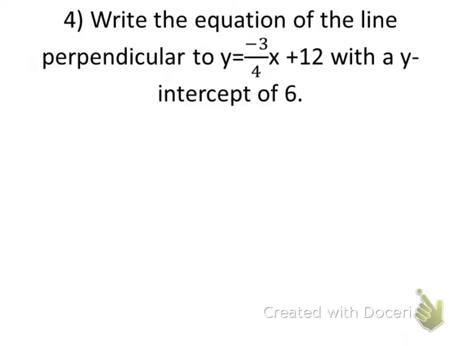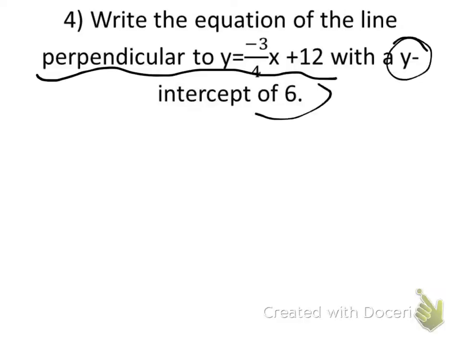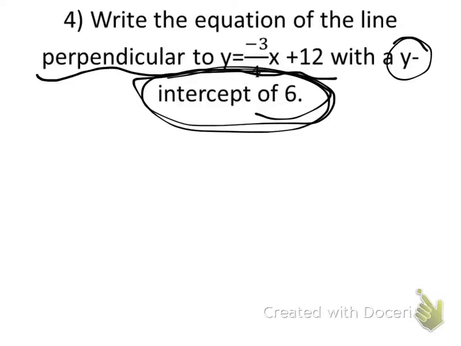All right, here's number 4. Again, you can shorten it by writing the important parts. We want a line that's perpendicular to y equals negative 3 over 4x plus 12 with a y-intercept of 6.